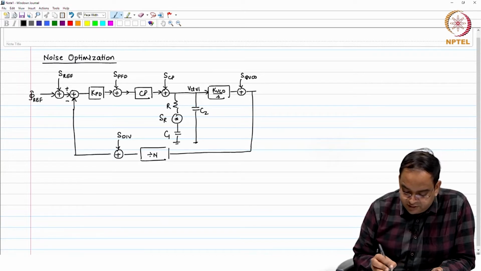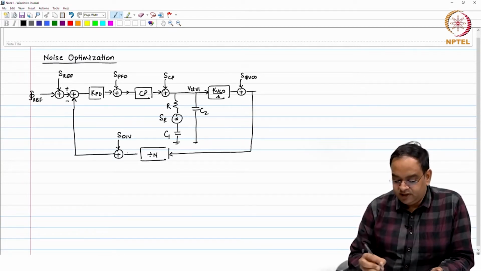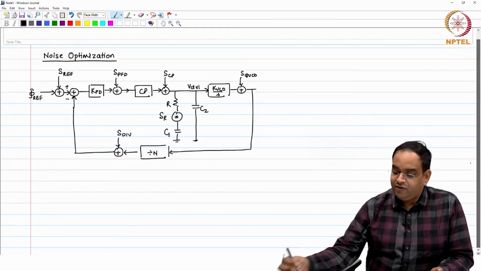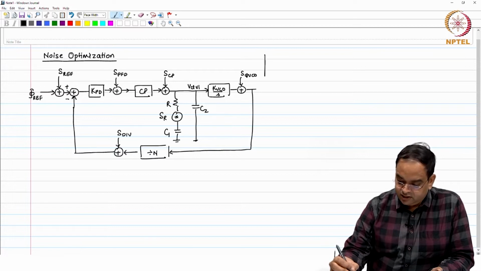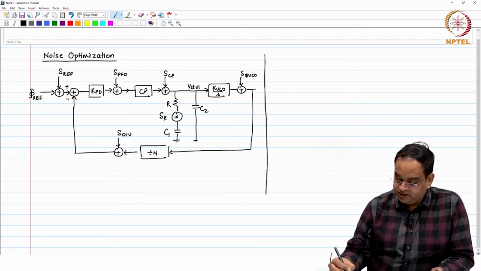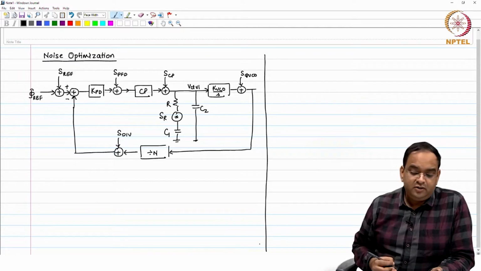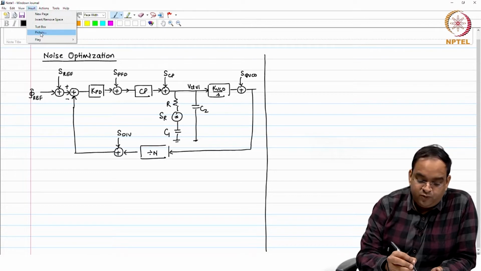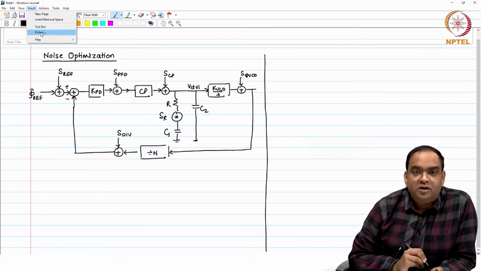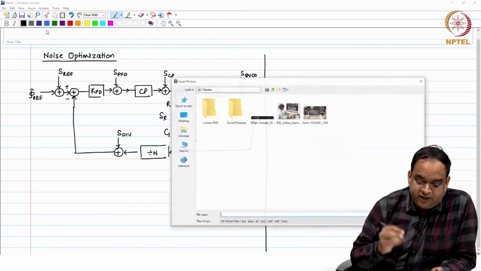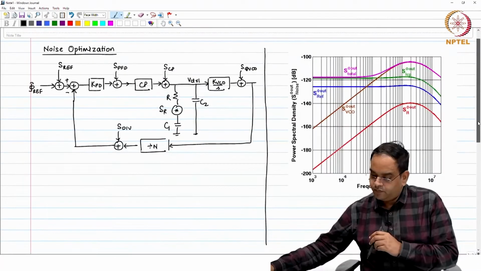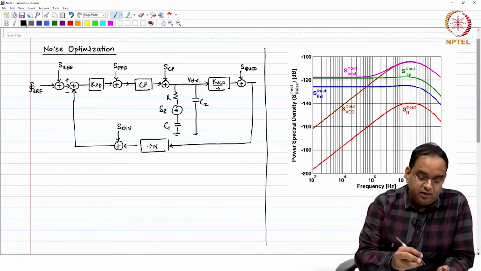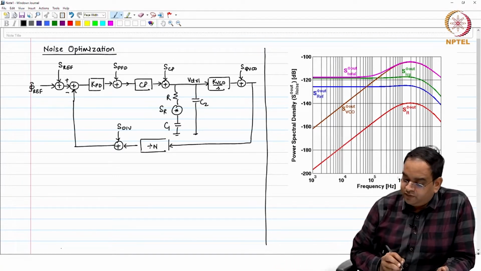So, this was the small signal model of the noise in the PLL, and we were analyzing this noise with the noise transfer functions for the PLL. So, let us bring up the plot where we were looking at the output noise spectral density with respect to the input noise spectral density. This is the noise plot which we were looking at the output of the PLL.